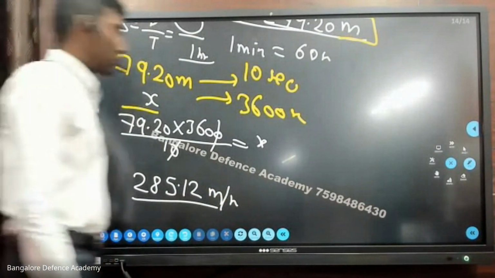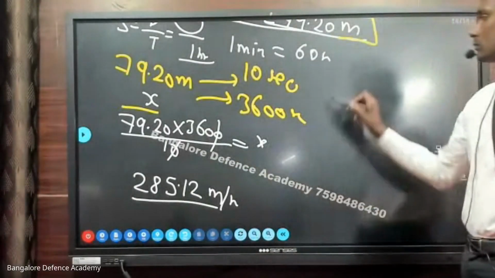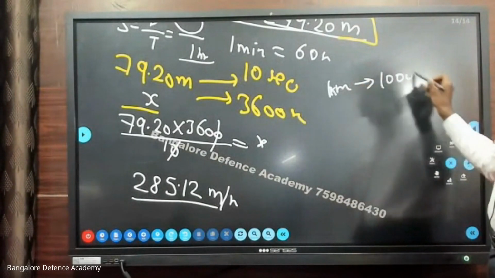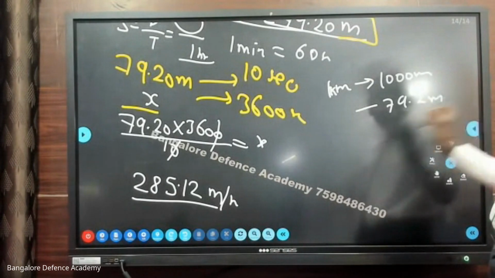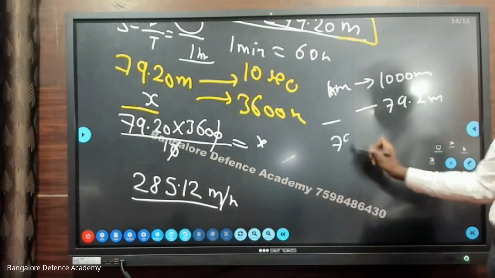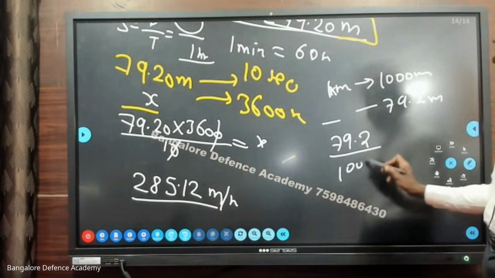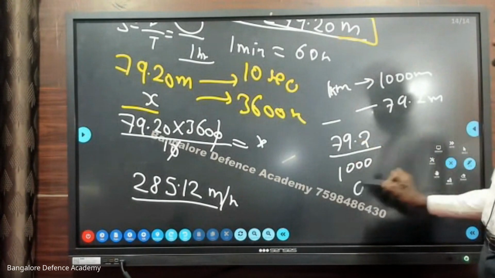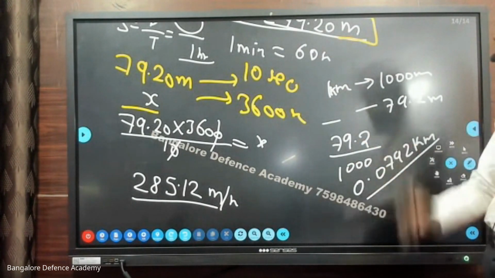If I convert this meter into kilometer, 1 kilometer is equal to 1000 meter. So 79.2 meter is equal to how many kilometers? You can take like this, 79.2 divided by 1000, correct? 0.0792 kilometer, correct?